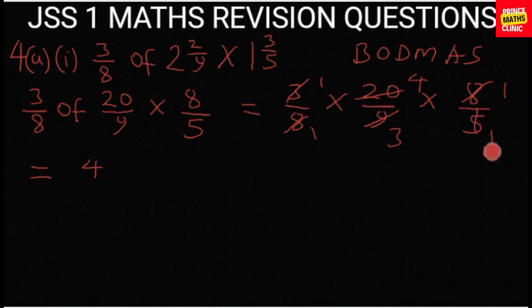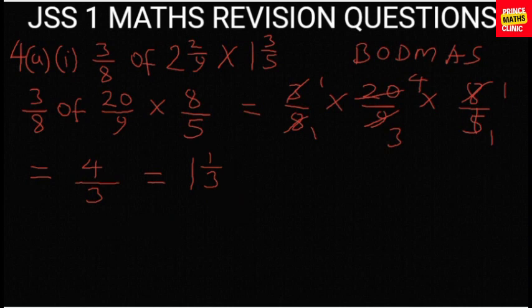Then 1 times 3 times 1 is 3. So that is 4 over 3, which we can write as 1 whole number. Sorry, 3 in 4, 1 whole number, remainder of what? 1. So write that remainder over 3. Good. That is the answer.